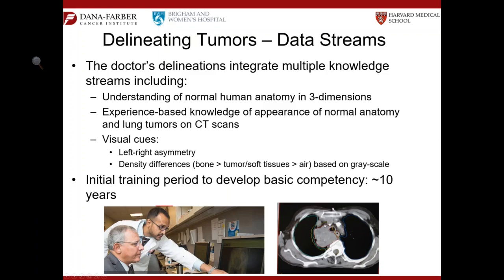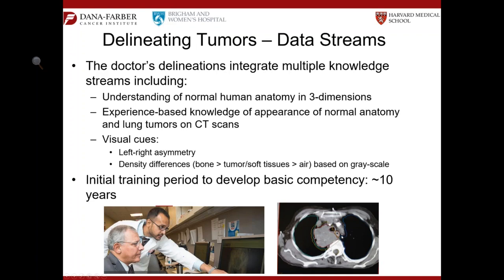Basically, both consciously and unconsciously, we're integrating multiple knowledge streams, including a general understanding of normal human anatomy in 3 dimensions, and then some experience-based knowledge of what the appearance of normal anatomy in lung tumors should be on CT scans. And some of the visual cues we're looking for is left-right asymmetry as we go through the body.